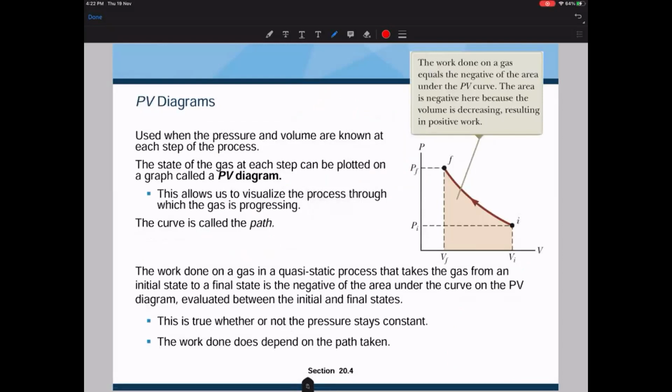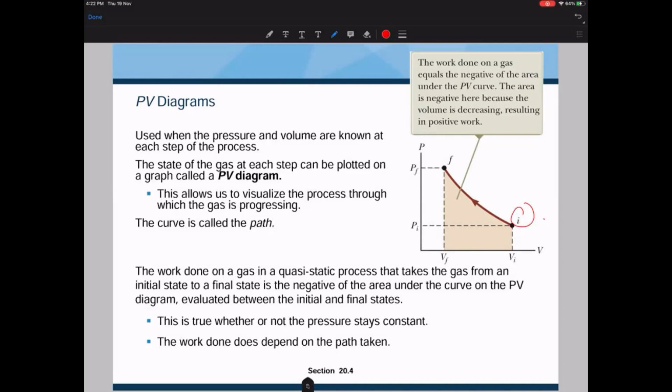Suppose you have a diagram that shows a process. Here is an initial state of the gas, where you have a certain combination of pressure and volume, possibly as well as the temperature, but it is not shown here. And then you try to do something. We don't know what we are doing yet, but once we have done the process, you have the final state. So you have the final pressure and final volume.